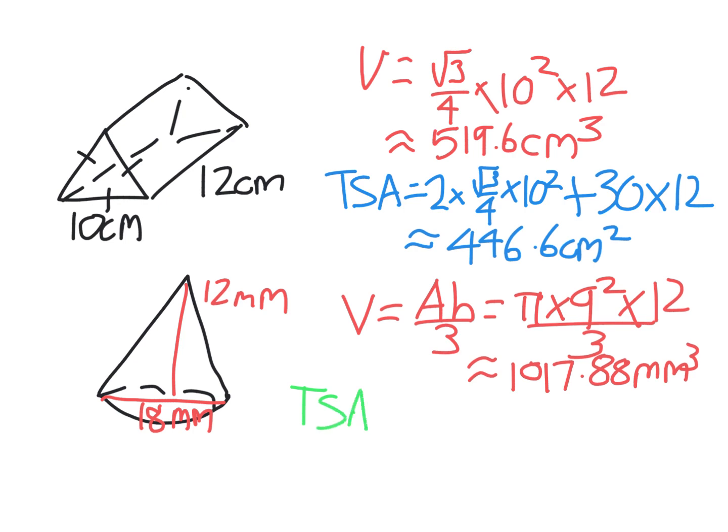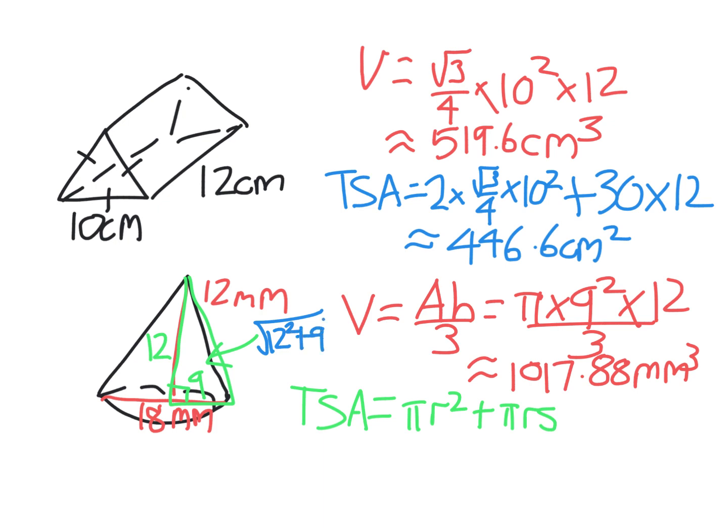Okay, so what about the total surface area of a cone? Well, again, it is the sum of the area of each of the faces. So it has this circular face that's pi r squared, and it turns out its lateral face is pi r s. So s happens to be the slant height. That's why it's called s. So how would we find s? Well, we're going to use Pythagoras. We've got one side 12, one side 9. So the slant height using Pythagoras is the square root of 12 squared plus 9 squared.